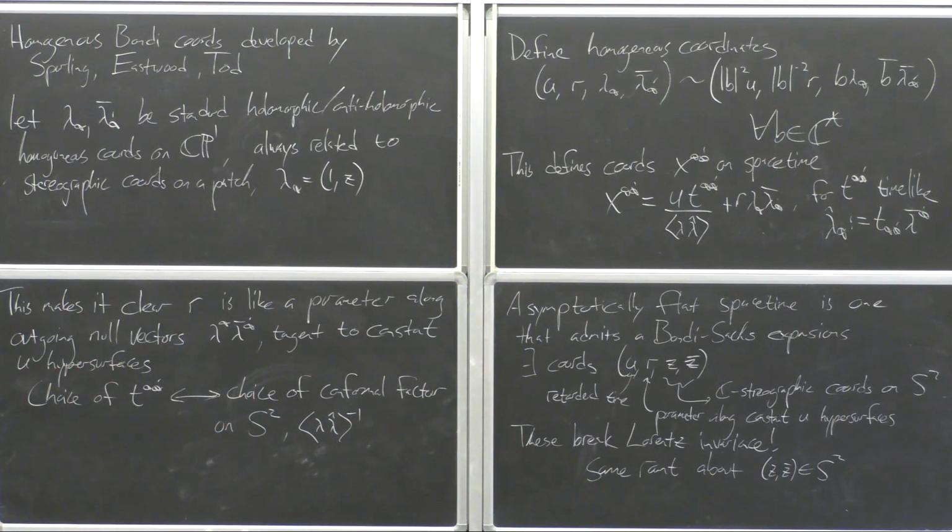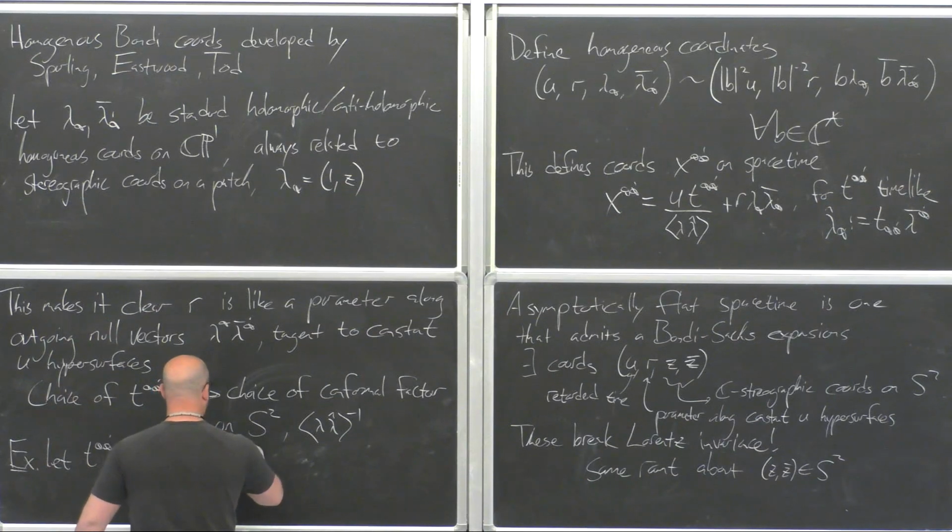If I take, for example, T alpha alpha dot to just be the identity matrix, then it's a fun exercise in the 2-spinor formalism to work out what this conformal factor is.